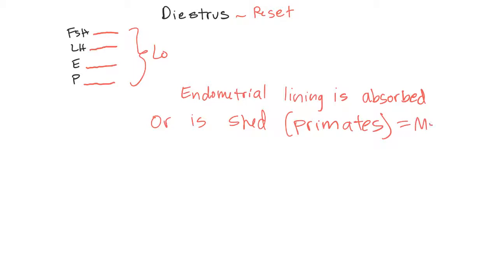And that's called menses, or menstruation. Both, if it's absorbed or if it's shed, it's still called the same thing. No, only if it's shed, it's called menses. It goes through menstruation. So most mammals don't go through menstruation, just primates.